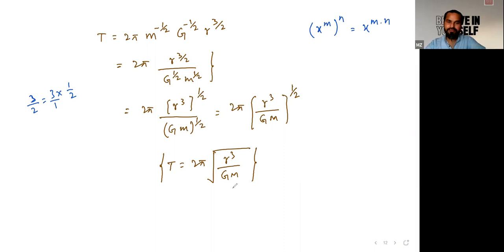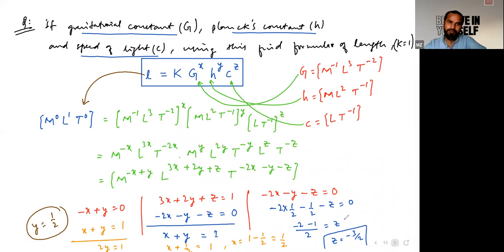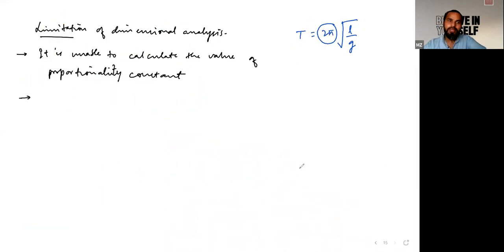Like in this part, I gave you the time period depends upon just 3 parts, G, M, R. Similarly, in this problem, length depends upon just 3 parts, G, H, and C, and so on. So it means dimensional analysis is valid to derive a relationship up to 3 different quantities only. Above that, it would give you a wrong result.